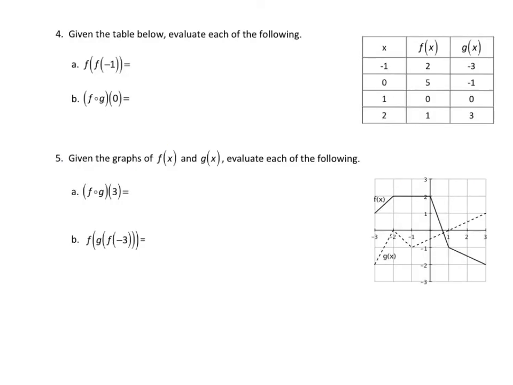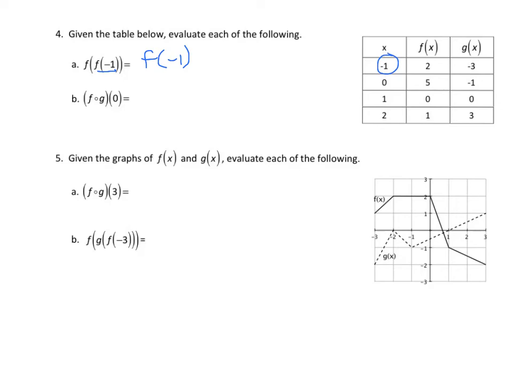In the next two examples, we'll be looking at composite functions in tables and graphs. In this first example, we're looking at a table, and we have to evaluate f of f of negative 1. We start on the inside, and we first find f of negative 1. Negative 1 is the x value, so we go in the x column and find negative 1.